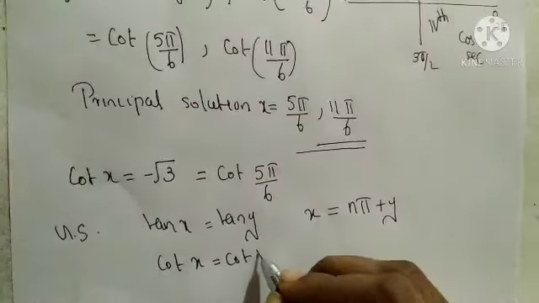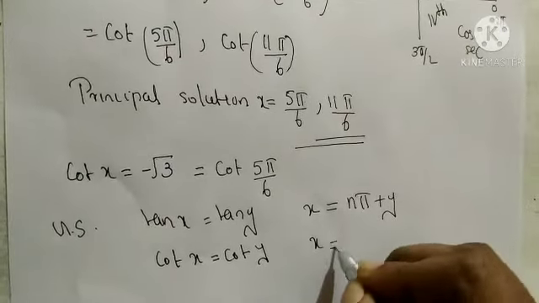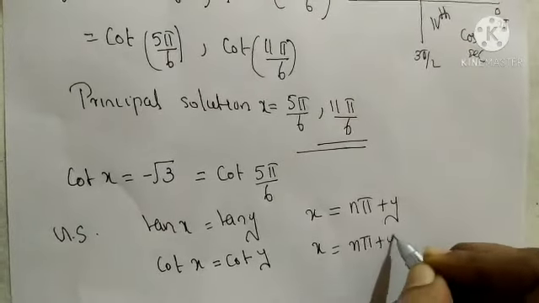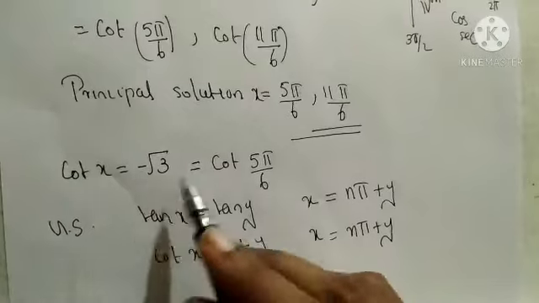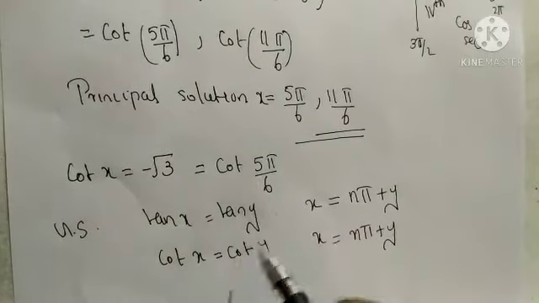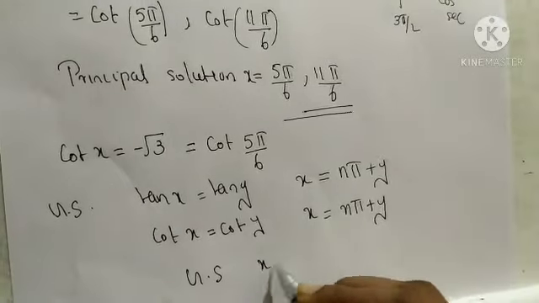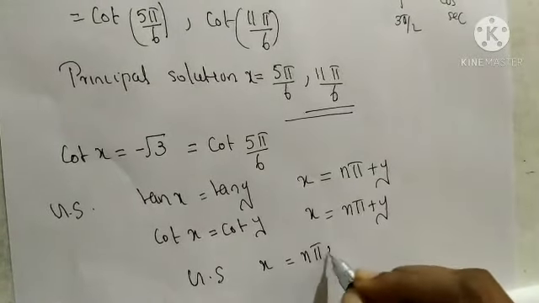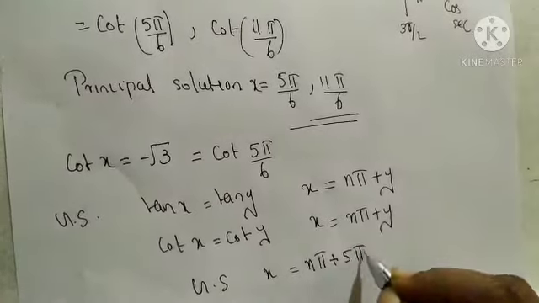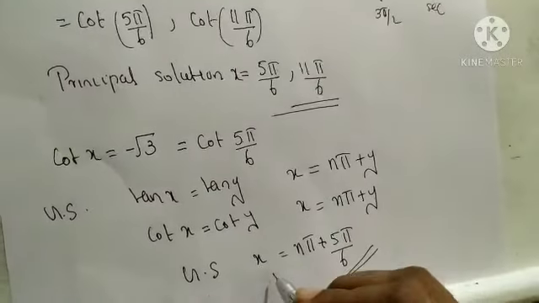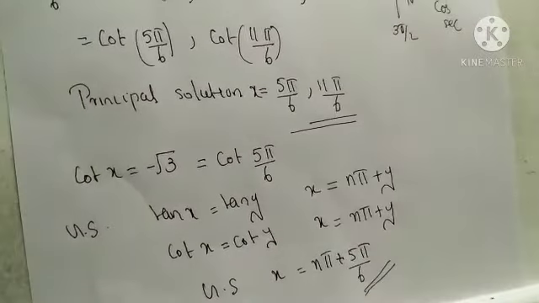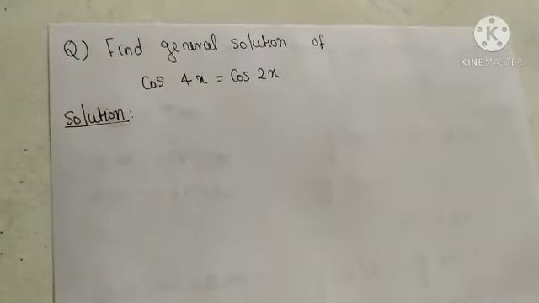If cot x equal to cot y, the general solution is x equal to n pi plus y. So here, comparing these two, y is 5 pi by 6. So general solution x equal to n pi, replacing this y by 5 pi by 6, we get our general solution. Okay, I hope you understood.